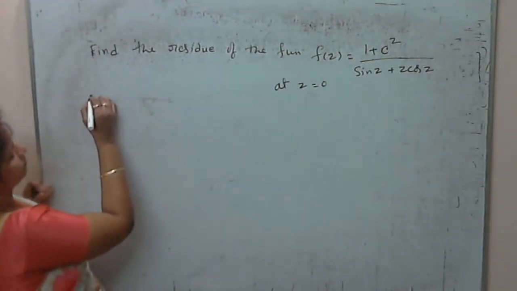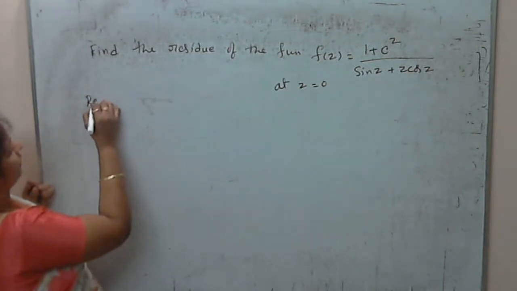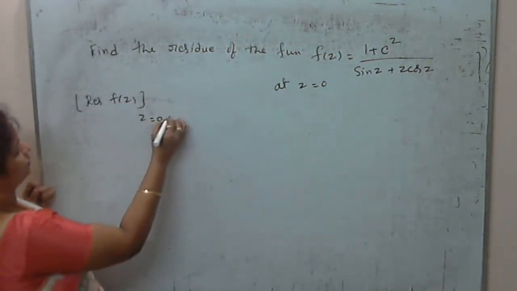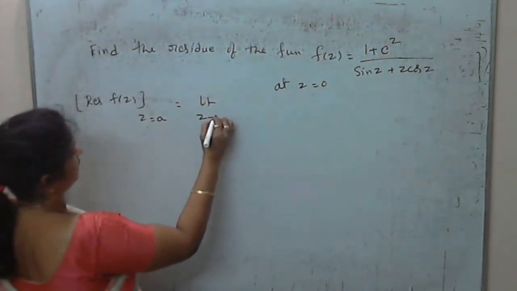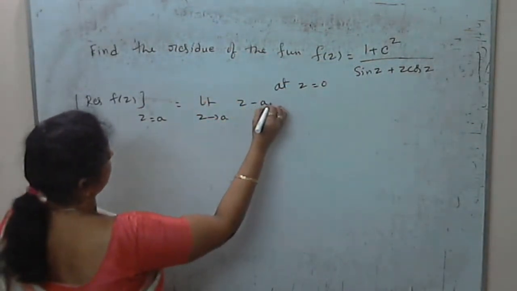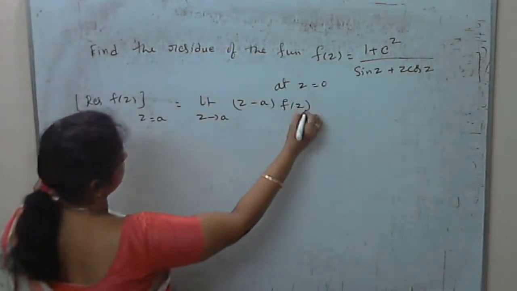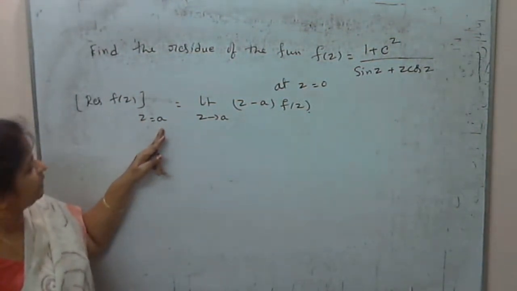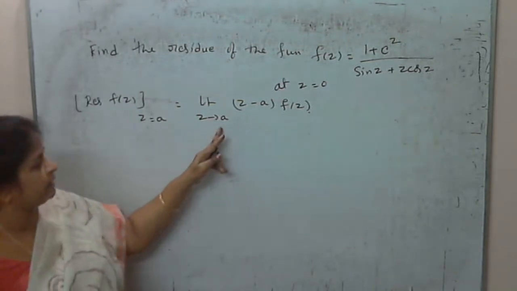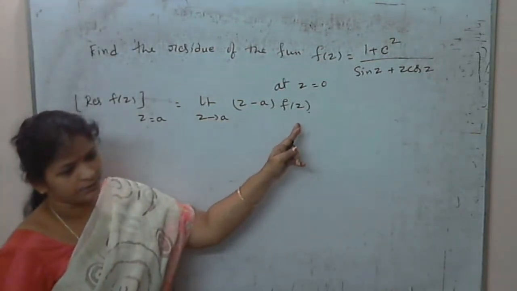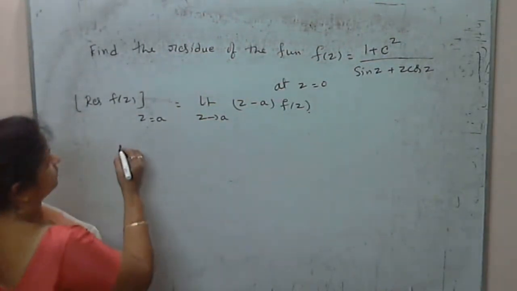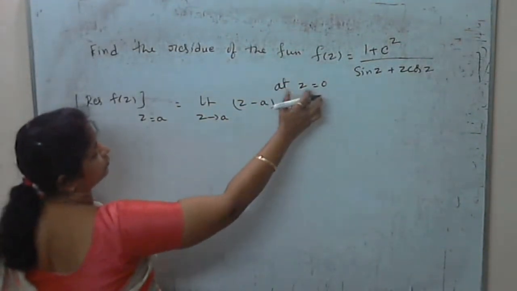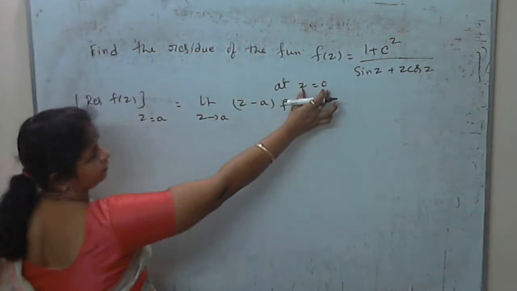If z equal to a is a simple pole, then residue of f of z at z equal to a is limit z tends to a, z minus a into f of z. Now a is 0. Here the pole is z equal to 0. That means a equal to 0.